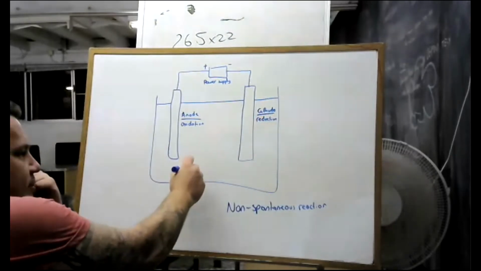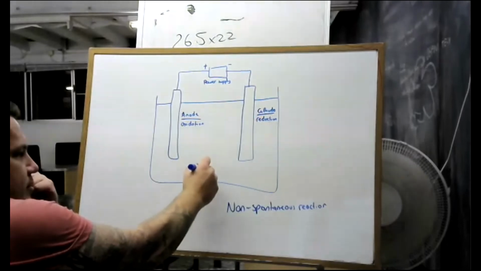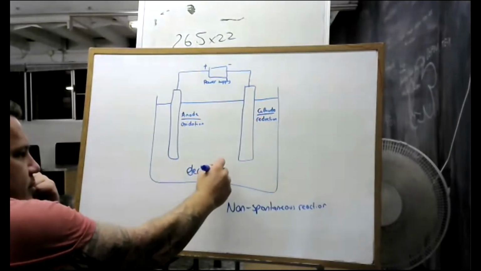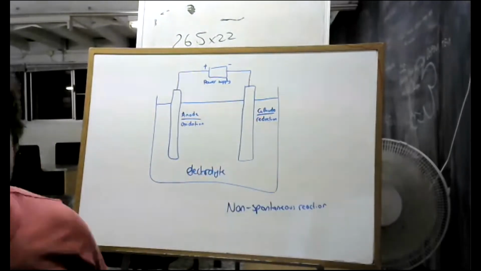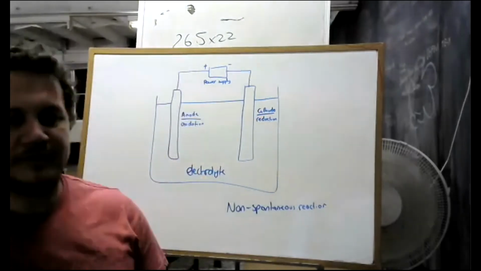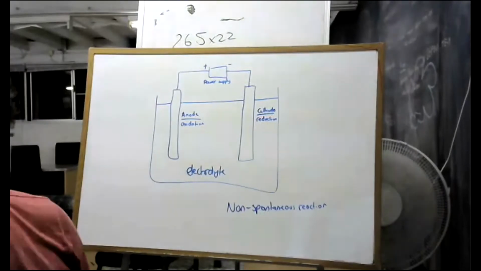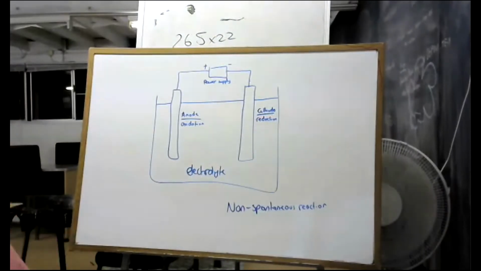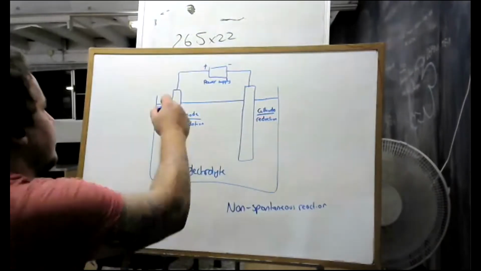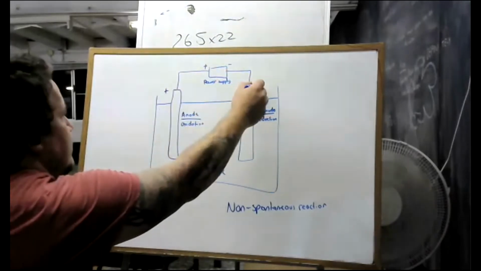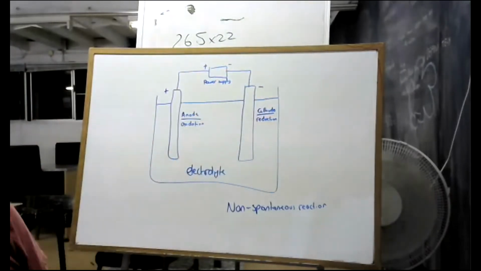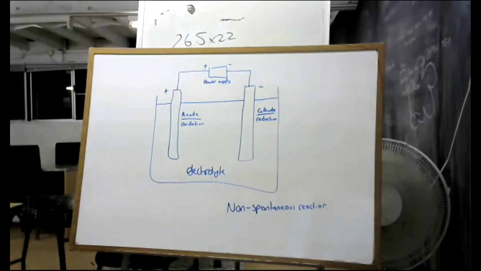In here we have an electrolyte. So in an electrolytic cell, we only use one beaker or one chamber. So electrons flow from the positive to the negative. Does that make sense?